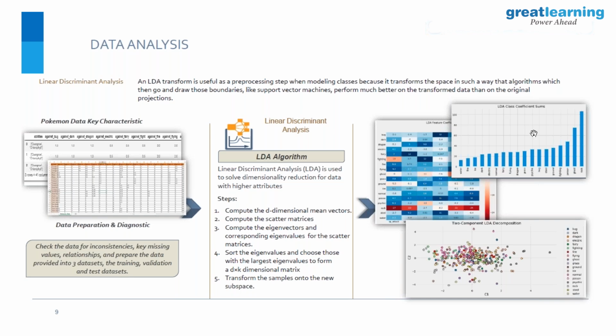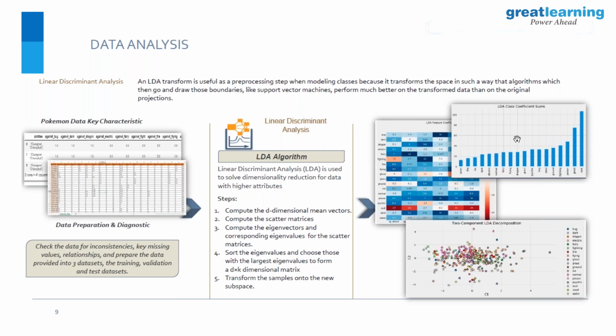From here, we were able to find out which features are loaded with the highest coefficient values, so that we can understand which characteristics are weak and which are strong in identifying the special features of Pokemon. So that's in a nutshell what we did.